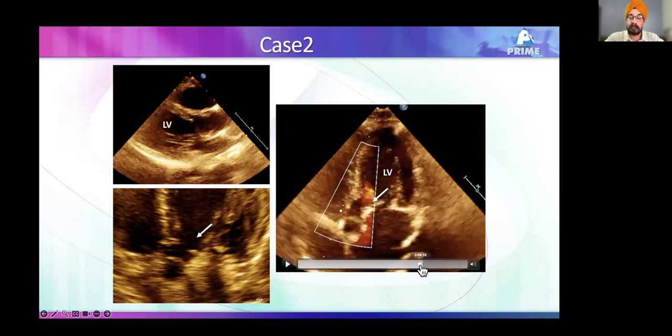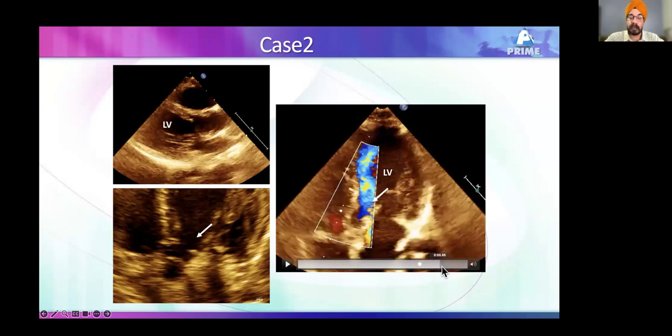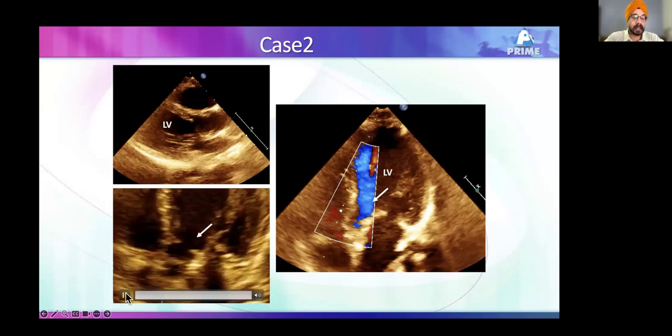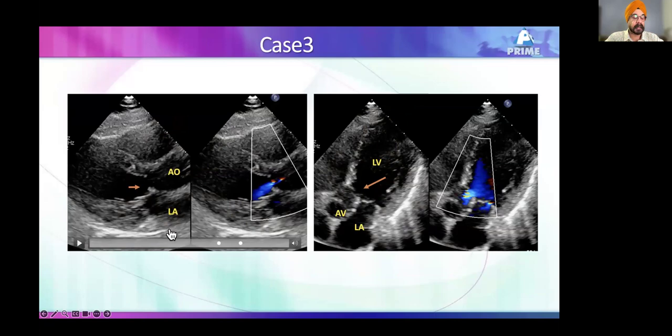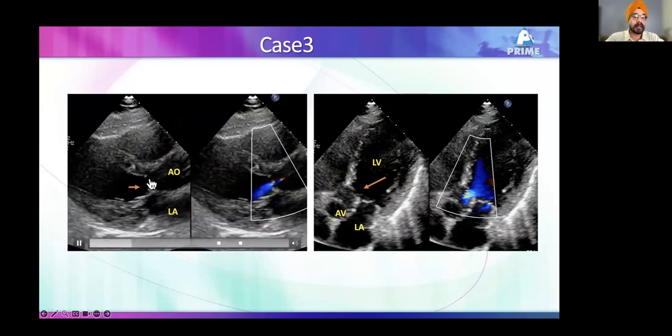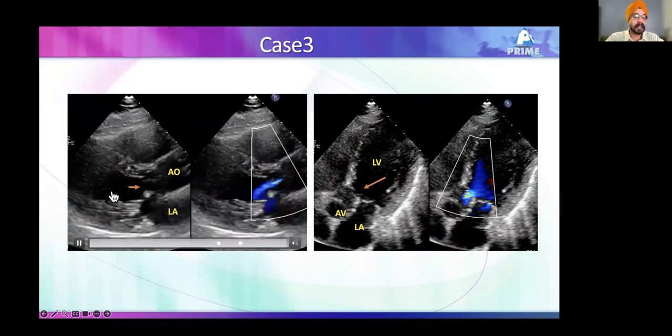now very interestingly you see the PISA happening somewhere here while the aortic valve is quite higher up. So that gives you a very nice clue that PISA is happening before this. Even if I had not seen this clearly, then you might make the diagnosis. Again in the same case, the membrane is not seen very clearly.